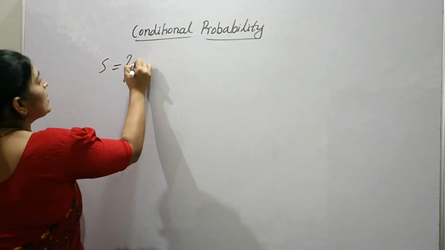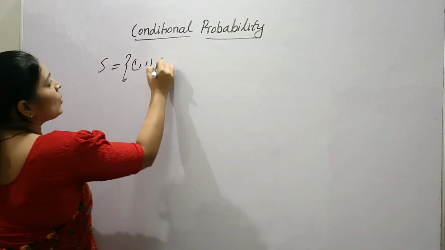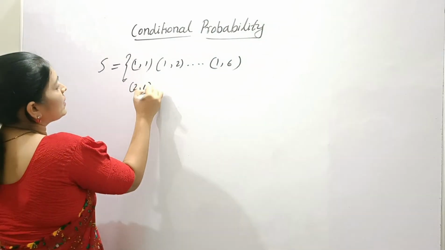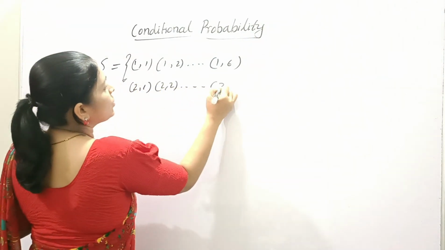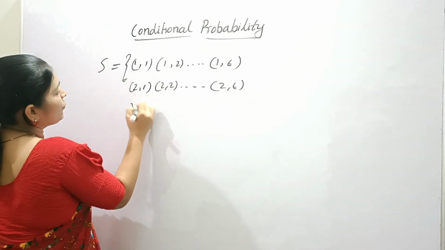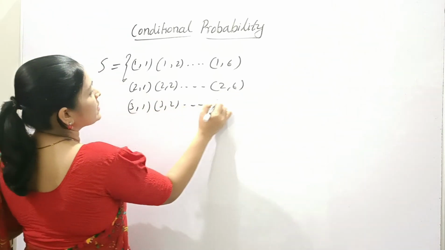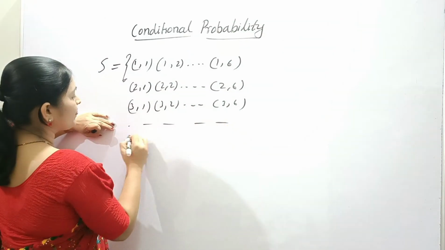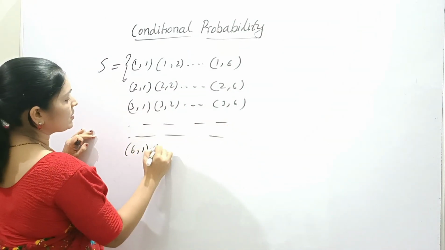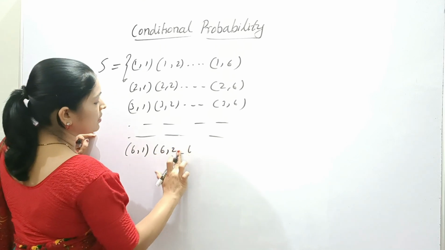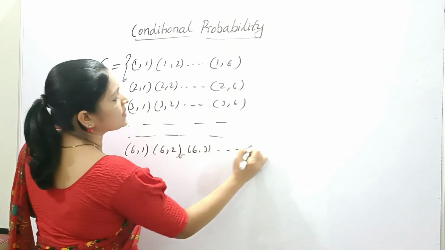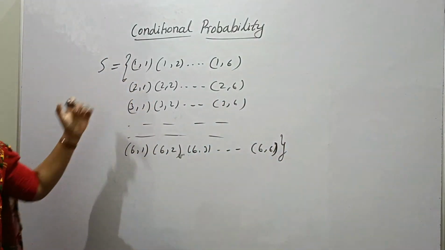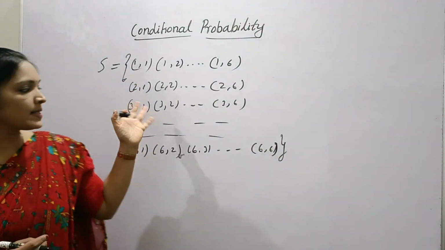What is the sample space? 1 1, 1 2, etc., 1 6, 2 1, 2 2, etc., 2 6, 3 1, 3 2, etc., 3 6, 4 1, 4 2, etc., 4 6, etc., 6 1, 6 2, 6 3, etc., 6 6. What is the number of elements in this sample space? 36, right? 6 times 6 is 36.